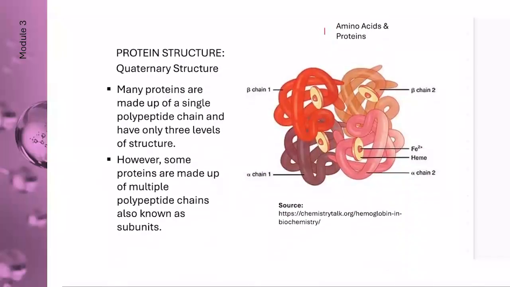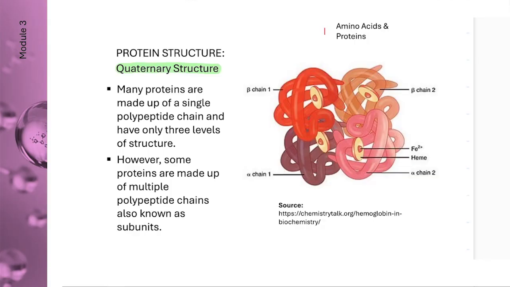Now we look at the quaternary structure of the protein. If you look at the proteins that we have been looking at, the alpha helix, the beta pleated sheet, insulin, we've been considering a single unit.